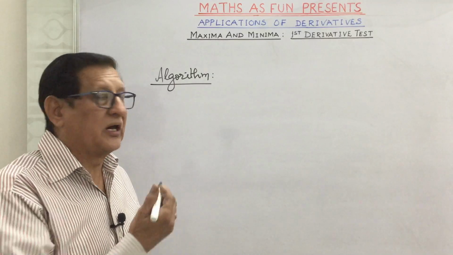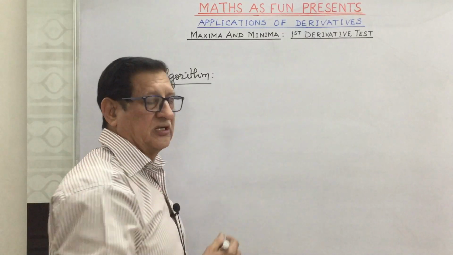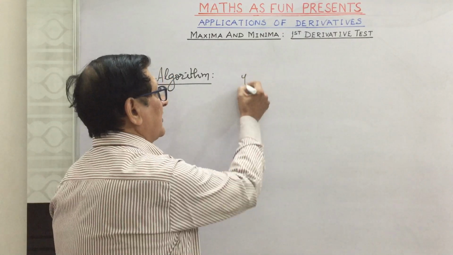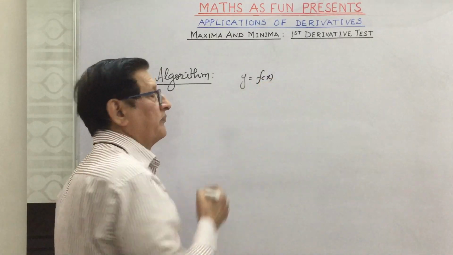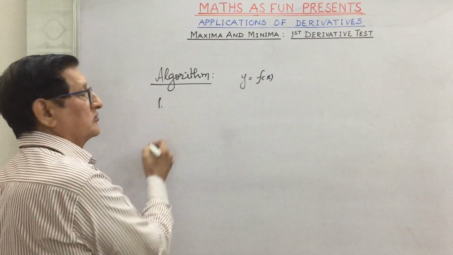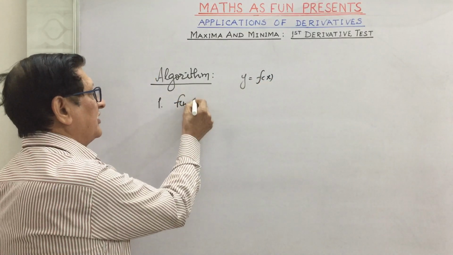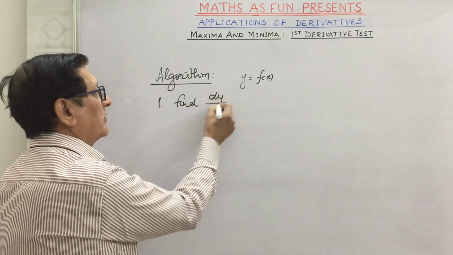Let's learn the algorithm for the first derivative test. For a function y equal to f(x), first we have to find the derivative dy by dx.